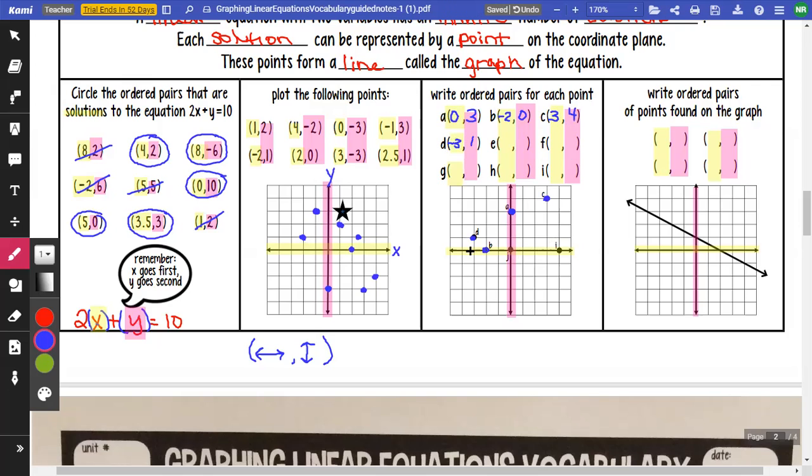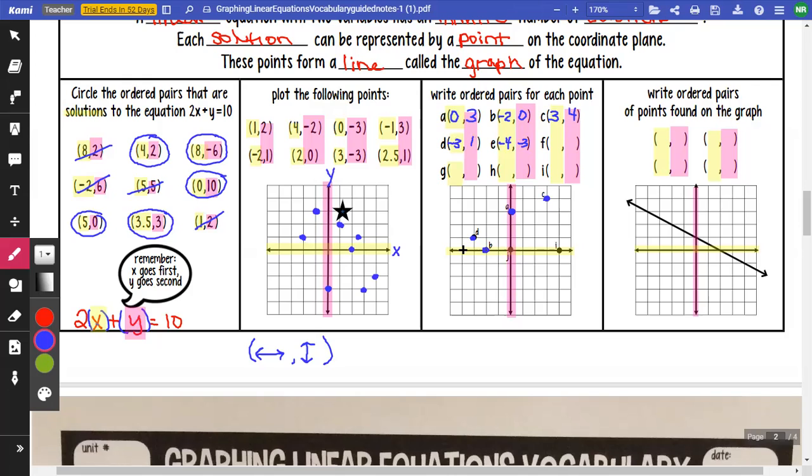E, where is E? We do not have E. I'm missing E. All right, F. We're missing F. Okay, where are we at? All right, E was supposed to be negative 4, negative 3.